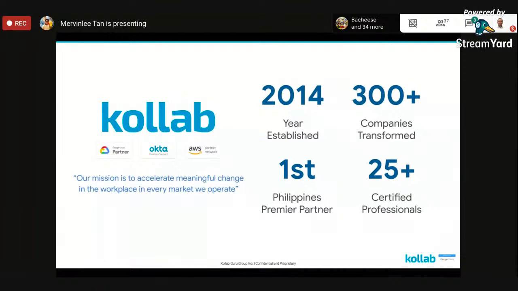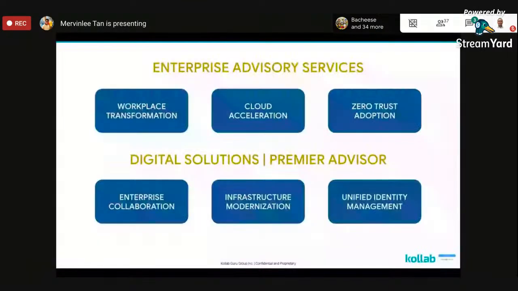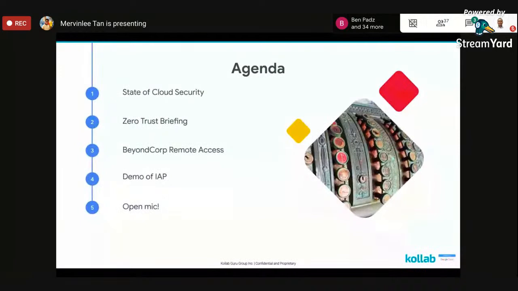I'll skip through that and jump to the agenda. We will be learning a lot of things today. Especially later, I'm excited to let you see the Security Command Center with Aaron. I'm sure you'll enjoy that part because that's super powerful.